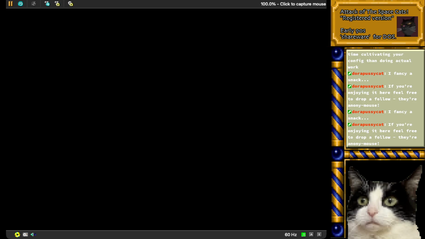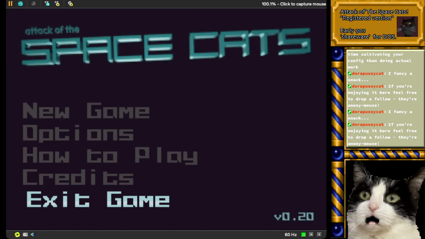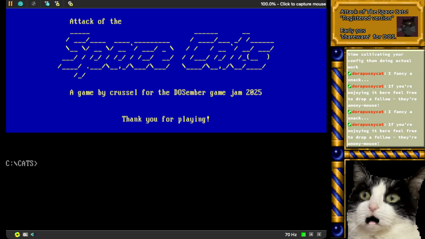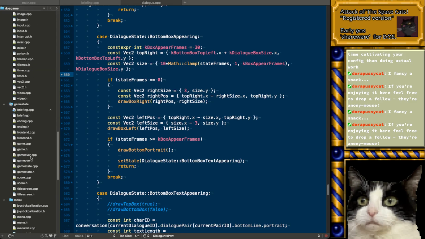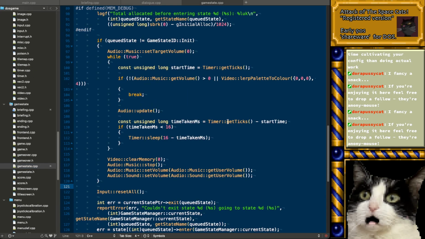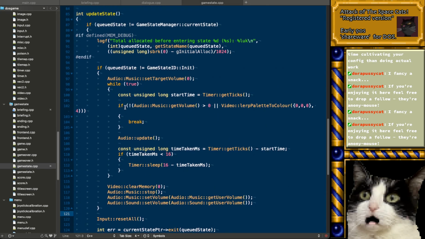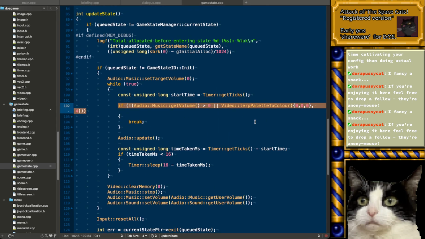Right. There was one other thing I wanted to do. I'm not going to get time to finish that whole screen today. But one thing that kept driving me a bit mad today is every time we change state, there we go, this line of code that I changed, I think on Wednesday.